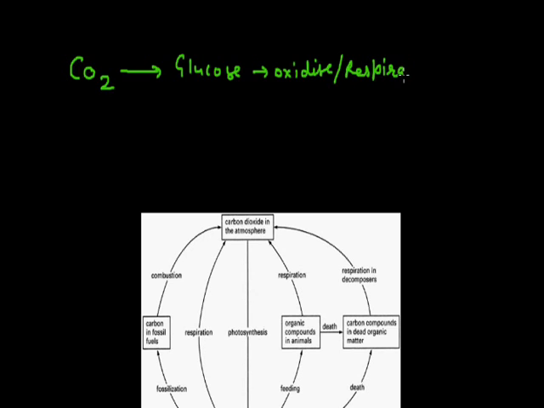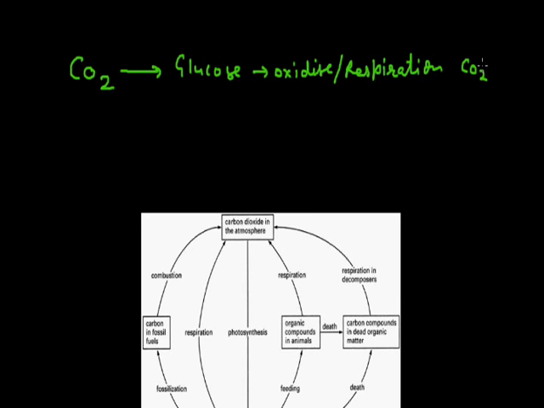Carbon cycle means the carbon dioxide gas is converted into various molecules and substances, like glucose, and then glucose becomes oxidized during respiration and is converted into CO2 and water or other substances.